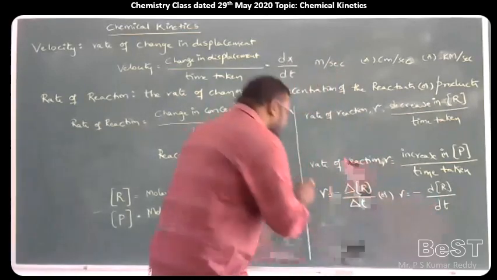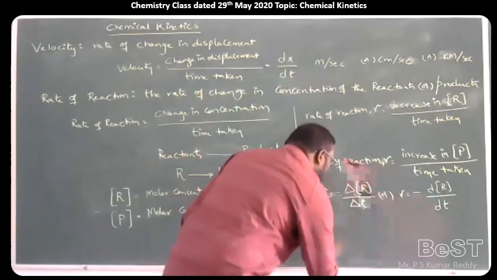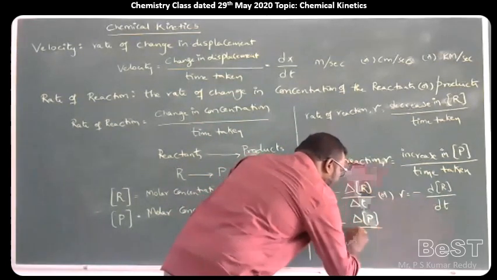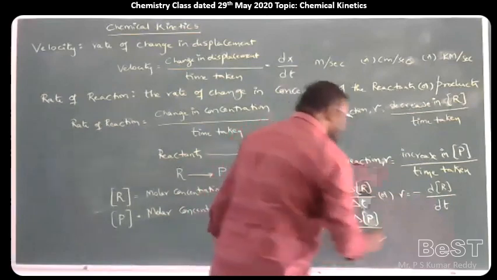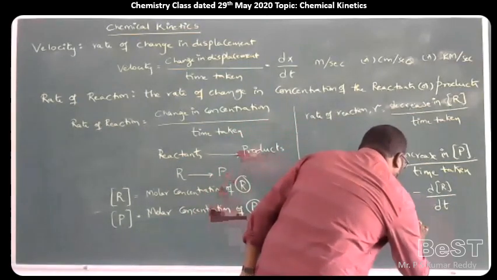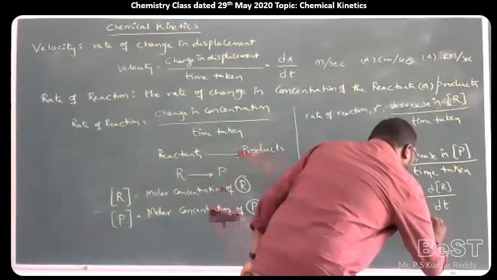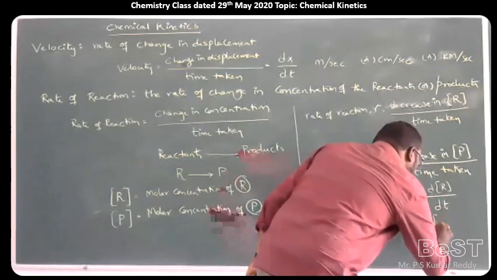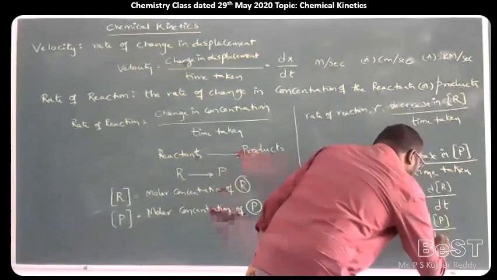In the same way, with respect to products, rate is equal to plus delta P by delta T, or R is equal to plus small d P by dt.